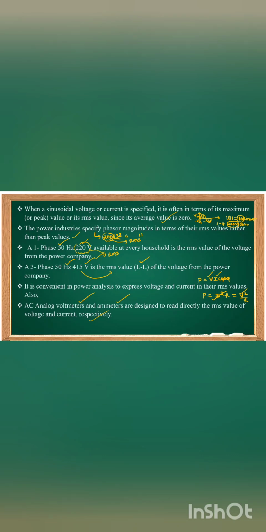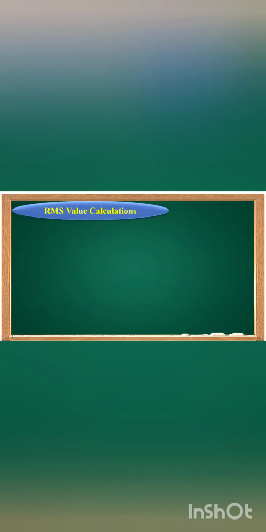Now let us see how to calculate the RMS values. For any function, how to calculate the RMS value? You have to take either the time domain, that is the t axis, or the omega t axis.